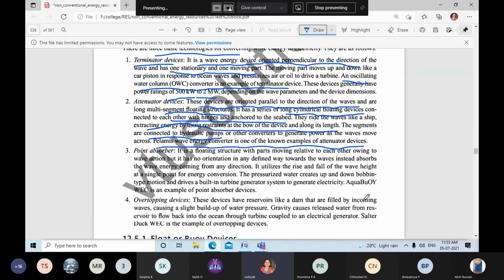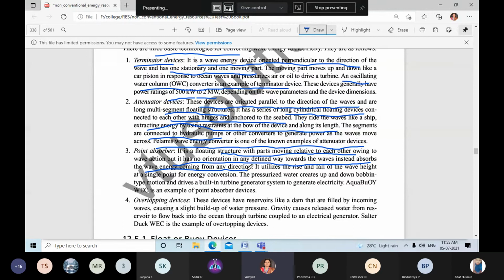Next, point absorber. It is a floating structure with parts moving relative to each other owing to wave action, but it has no defined orientation towards the waves. Instead it absorbs the wave energy coming from any direction. It has no direction.